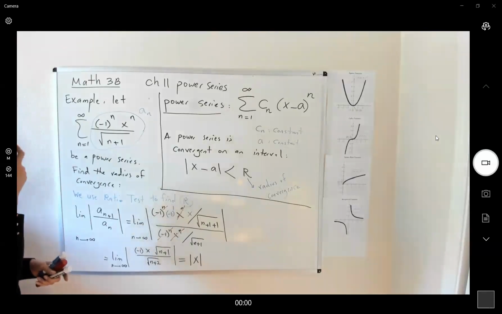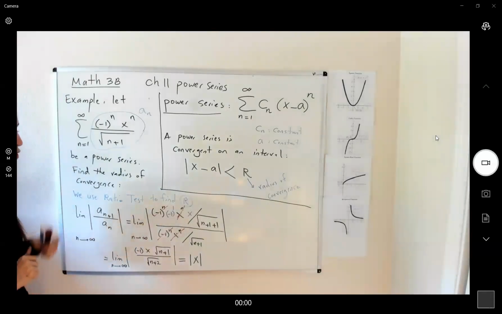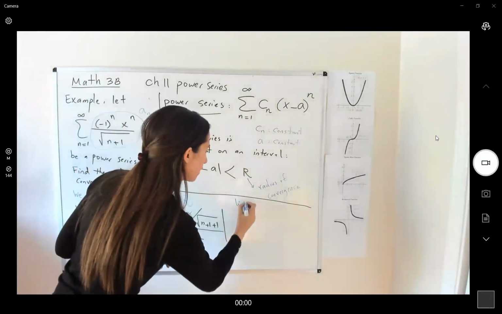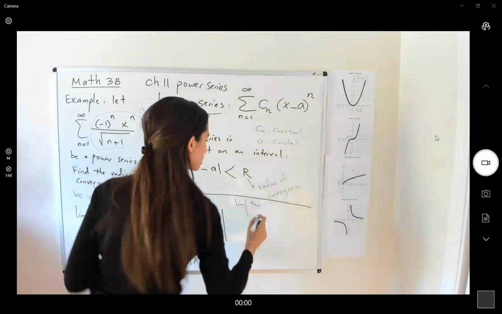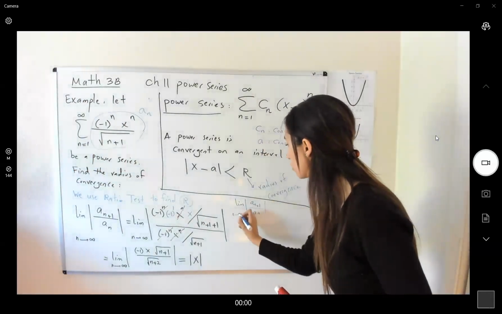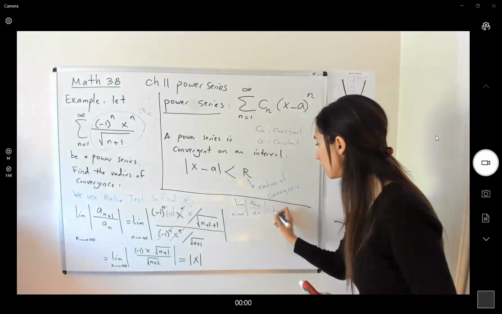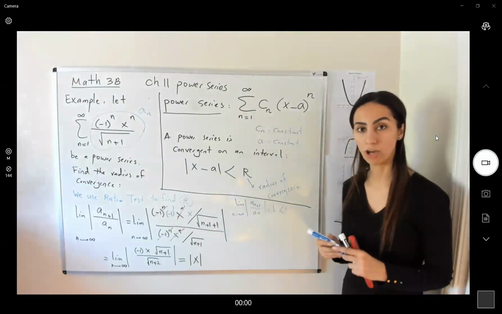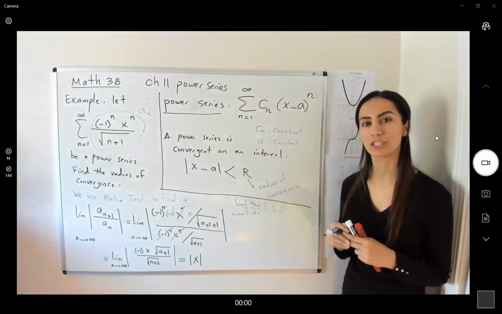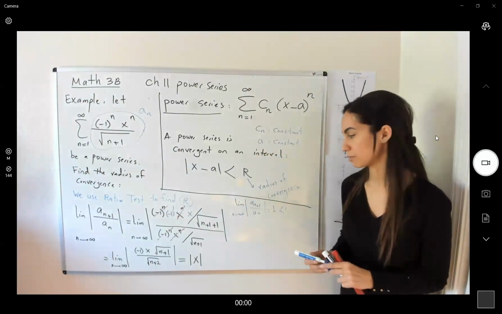There you go. Remember that the ratio test says if the limit of the absolute value of a_(n+1) divided by a_n while n goes to infinity is L, and L is less than 1, then you have an absolutely convergent series, or a convergent series.